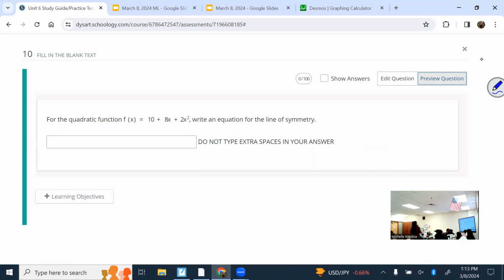So to solve this, you would need the line of symmetry equation, which is x equals negative b over 2a. So if you take me up on my suggestion that you should make note cards, the line of symmetry equation would be a good note card to have. And the b and the a come from ax squared plus bx plus c.